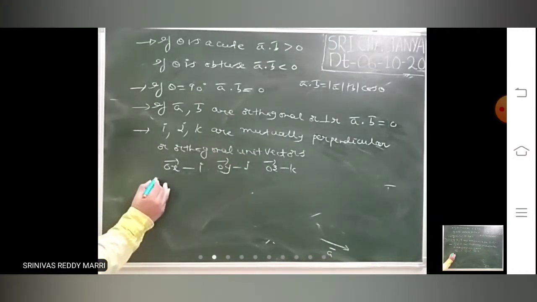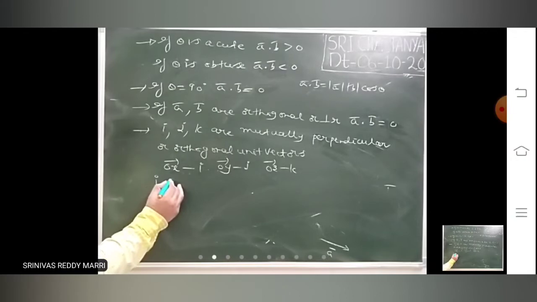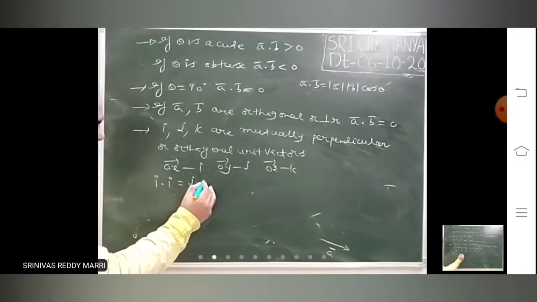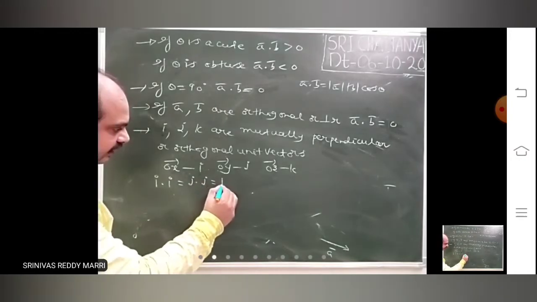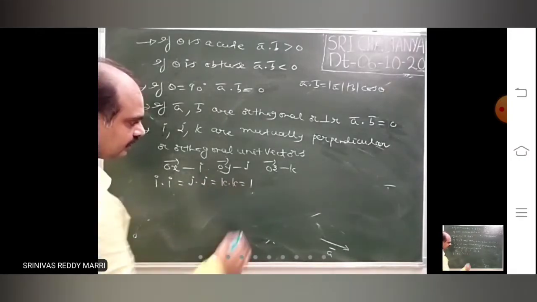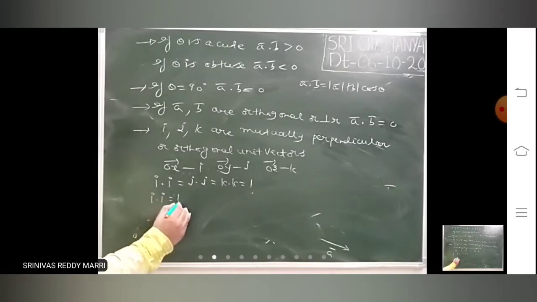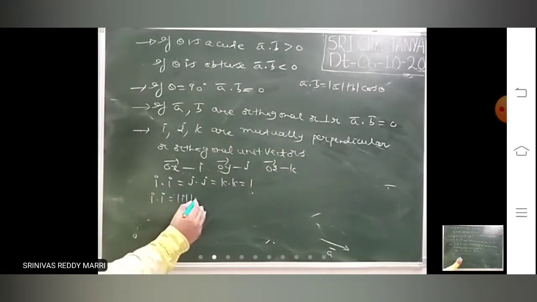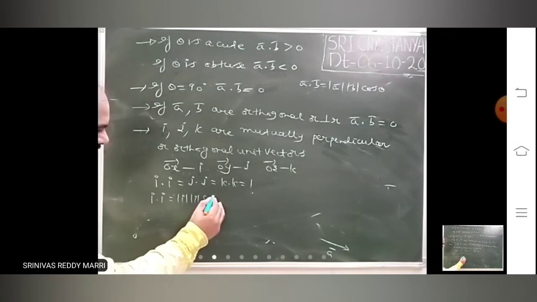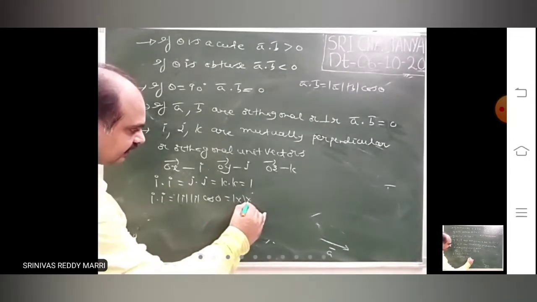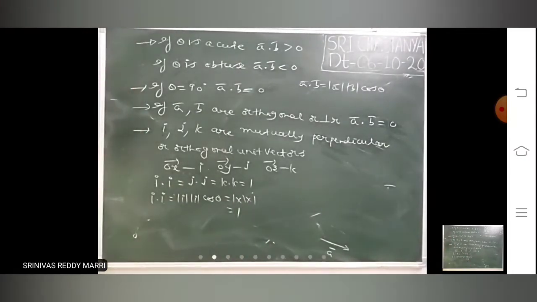Suppose I dot I equals J dot J equals K dot K. Whenever you get such a dot product, its value will be 1, because I dot I means modulus I into modulus I into cos of the angle between the same vector, which is 0. Modulus I means a unit vector, so 1 into 1 is 1.